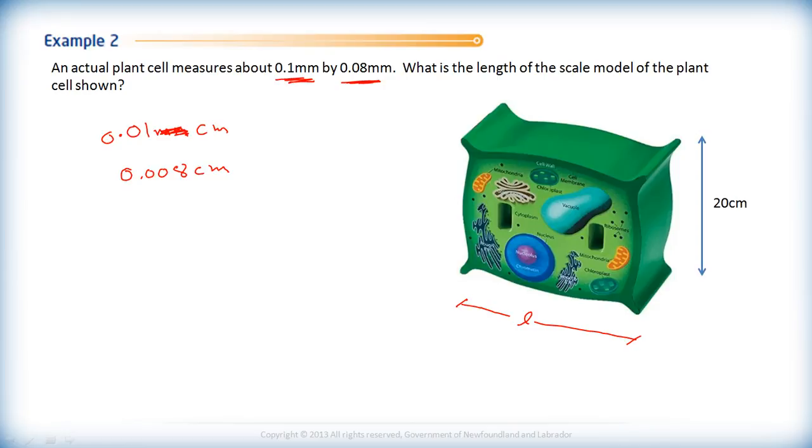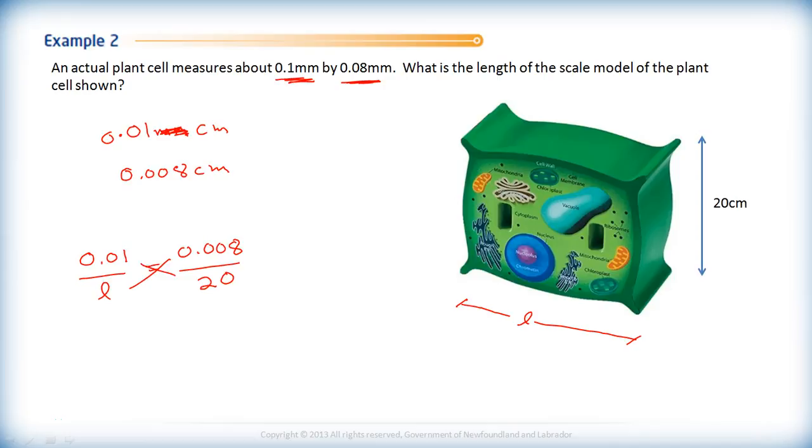There's a couple of different ways we can do this. I'm going to do it without scale factors first, using just ratio and proportion. So these are just similar objects we're talking about. So the longer part has to correspond on each one of them. So 0.01 centimeters has to correspond to the length that we end up with, and 0.008 centimeters has to correspond to the width that we end up with, 20.